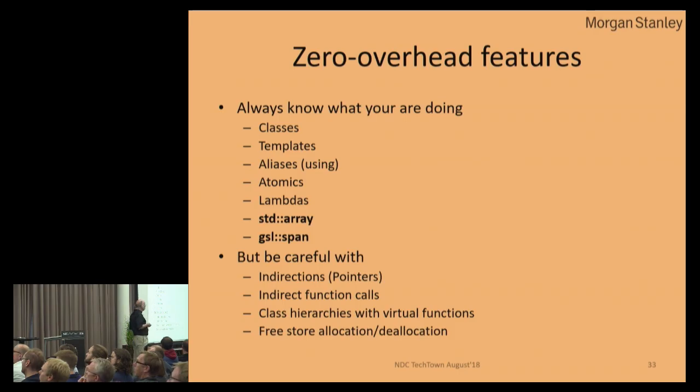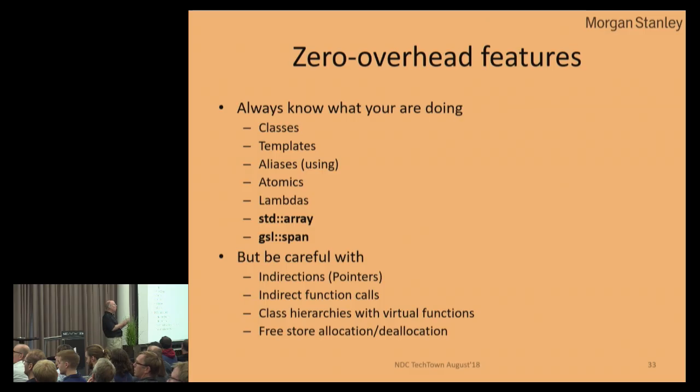So basically, if you want to program that way, you have to know what you're doing, but you end up using classes, templates, some aliasing. Quite often atomics and lambdas are common in this kind of code. Arrays and spans are common. An array is a container that doesn't use any indirections.